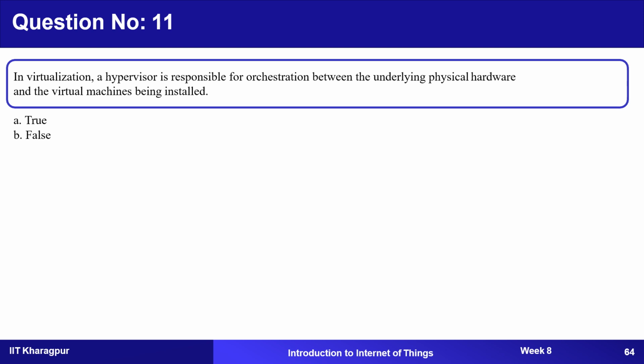Next question is, in virtualization, a hypervisor is responsible for orchestration between the underlying physical hardware and the virtual machines being installed. Is this statement true or false?